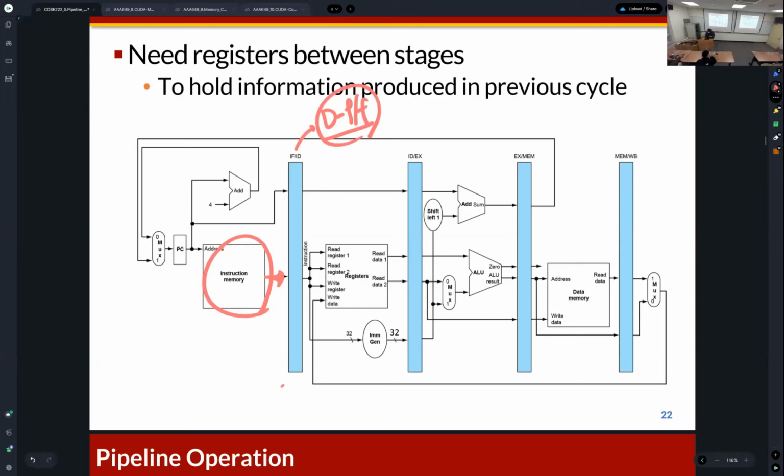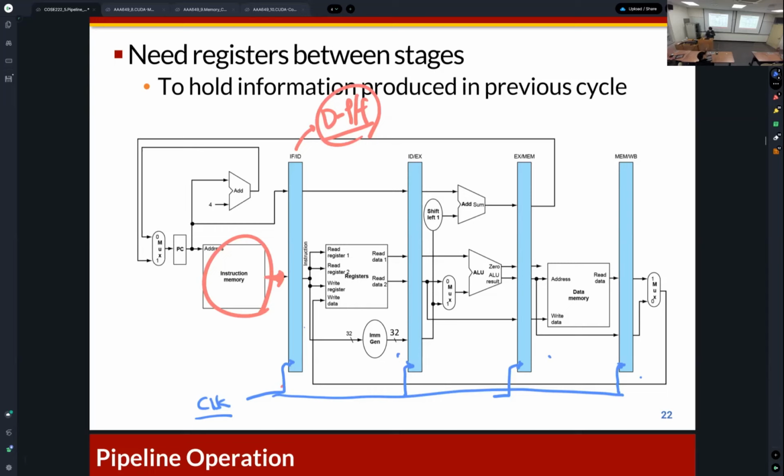In the pipeline design, these are T flip-flops sampled by the clock signal.